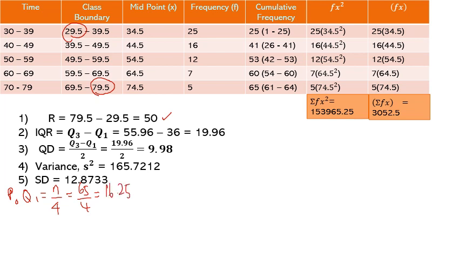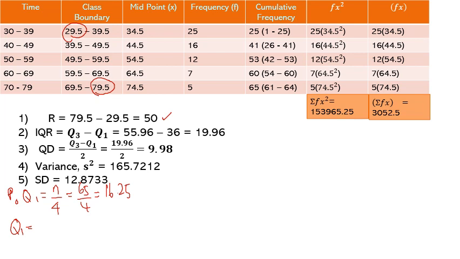Where is 16.25? 16.25 is in between 1 to 25, which is the first class. So how to find Q1 for grouped data?